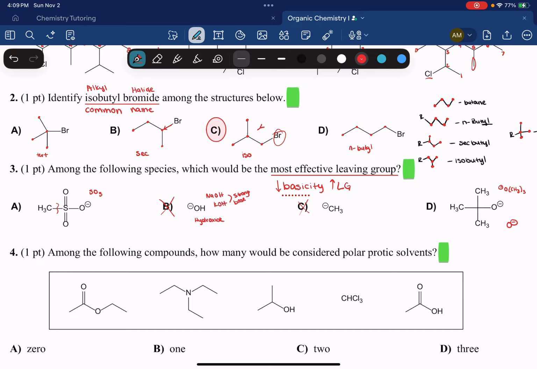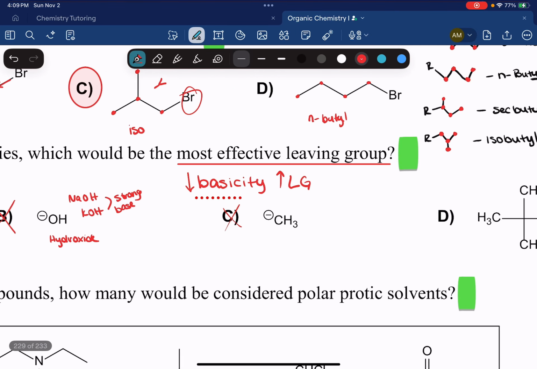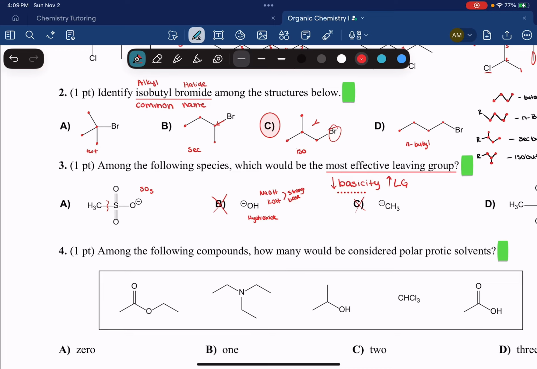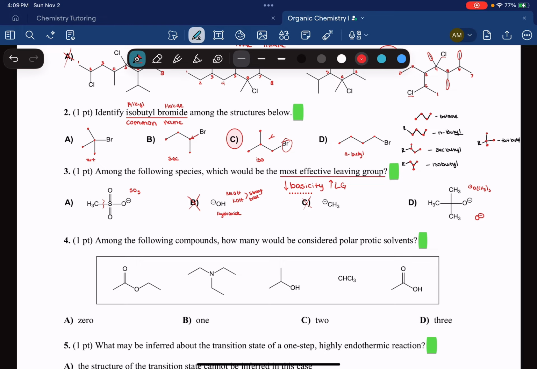When we talked about basicity, it's having high electronegativity, large size, and being resonance stabilized. So we're comparing these oxygens to each other, because that's where we see the negative charge. He gave all of them a 1, and so he's trying to see what you really know about them. A methyl is not really a good leaving group. We don't really see carbons ever leaving.